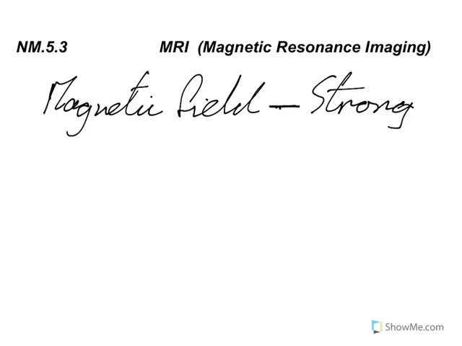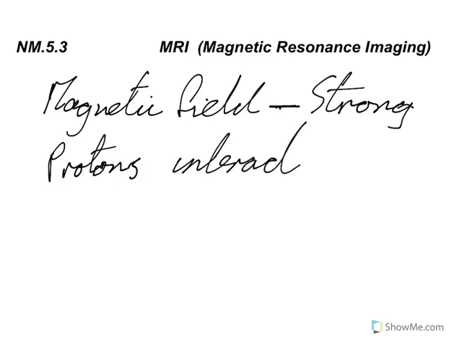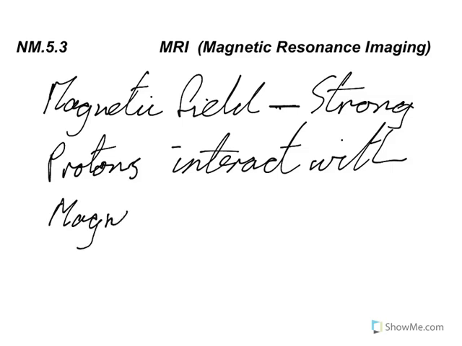that could interact. So what happens is that you're put in a magnetic field, and then the protons in your tissues interact with those strong magnetic fields. It's that interaction between the magnetic field and getting those protons jiggling around.